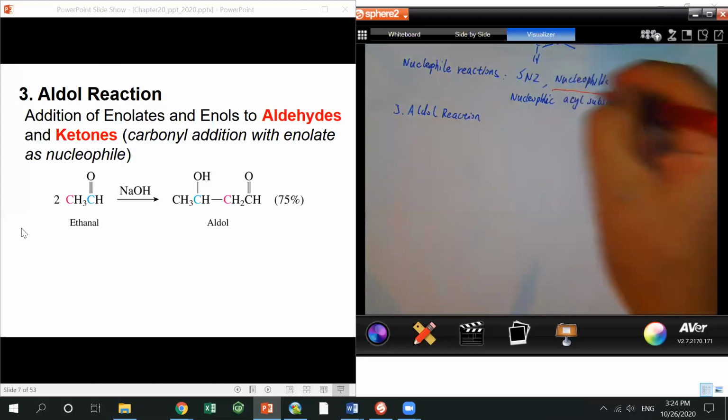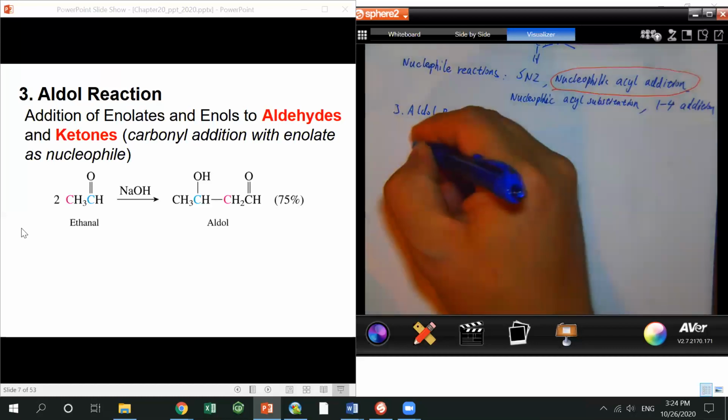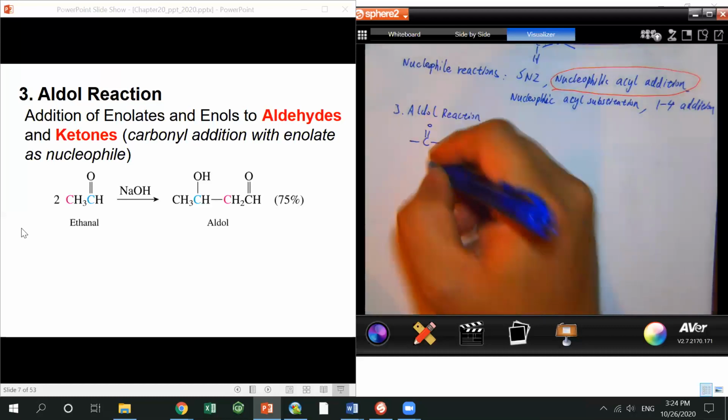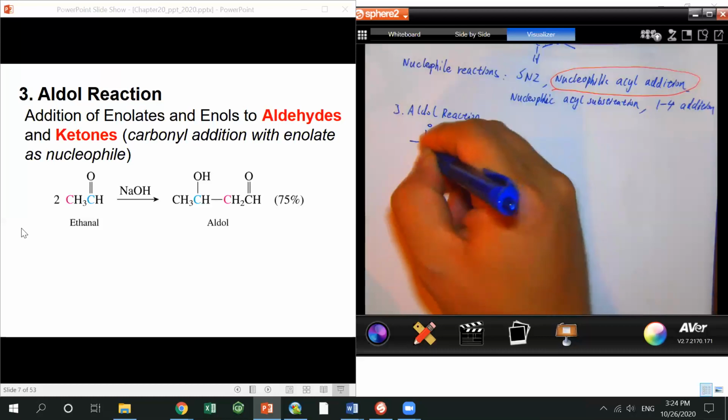That's the chapter 18 reaction. Remember, you have an aldehyde or ketone, and the nucleophile comes in and opens the C=O bond.